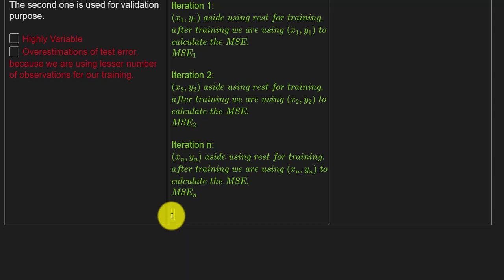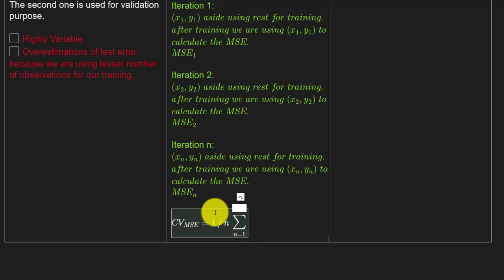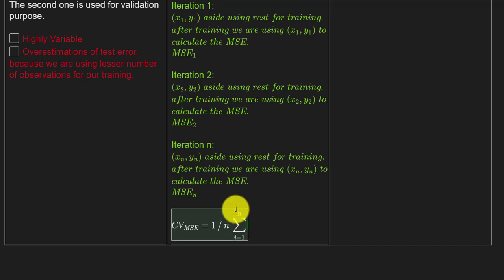So it will be, as there are n observations, 1 over n, and then we take the summation of all those MSE values, with i equals 1 to n, of MSE i.